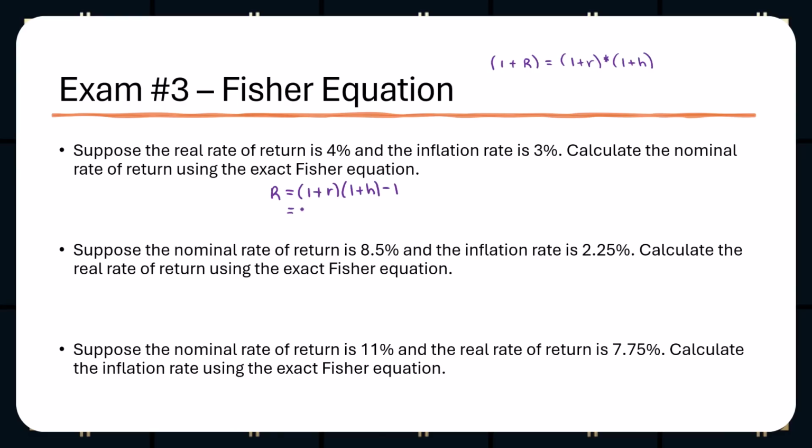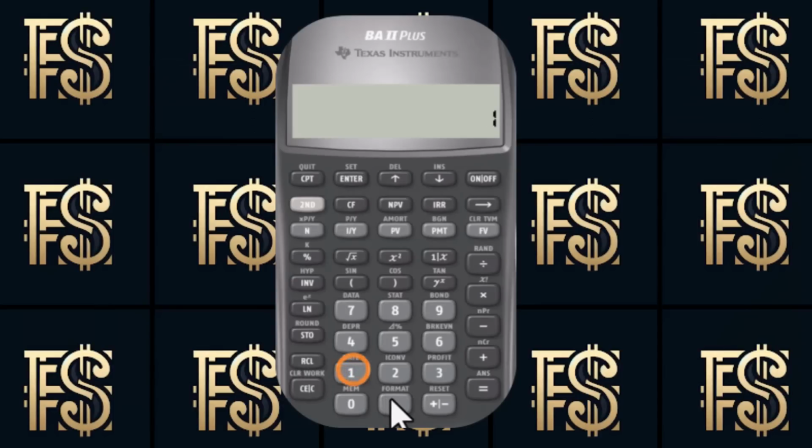Since the real rate of return is 4%, we'll take 1.04, multiply that by 1.03, then subtract 1. All right, 1.04 times 1.03 minus 1, and we can see that the nominal rate of return in this problem is 7.12%.